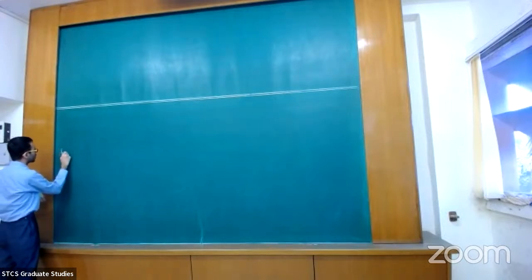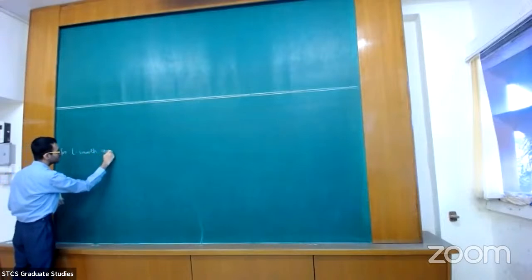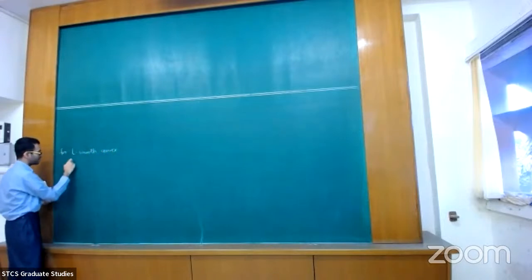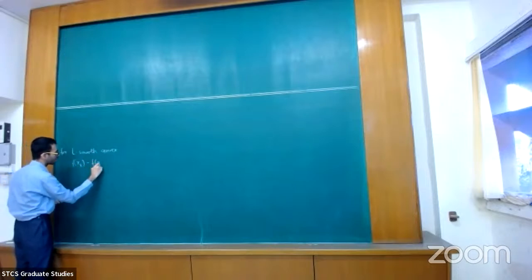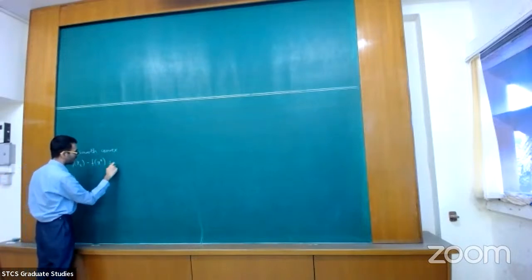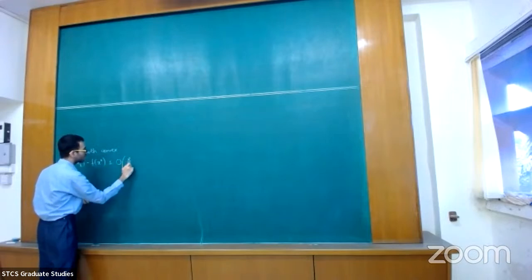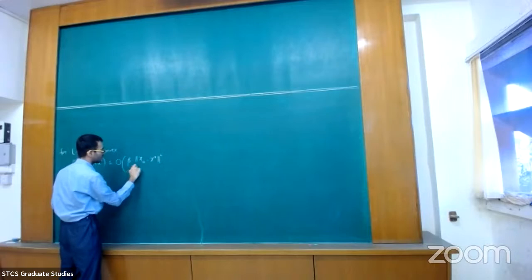So for L smooth convex functions, we have seen that, and for xk minus x star, then something like, up to constants, order beta times x0 minus x star squared by k.